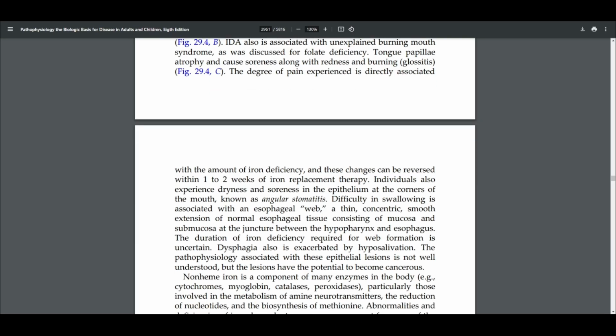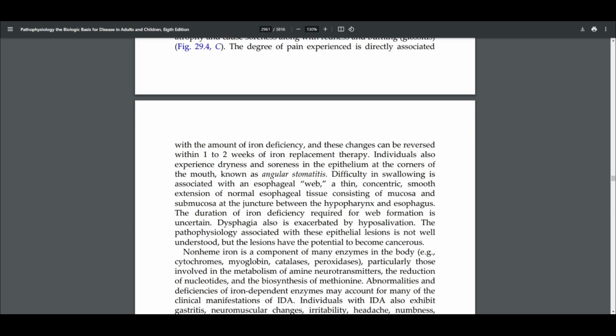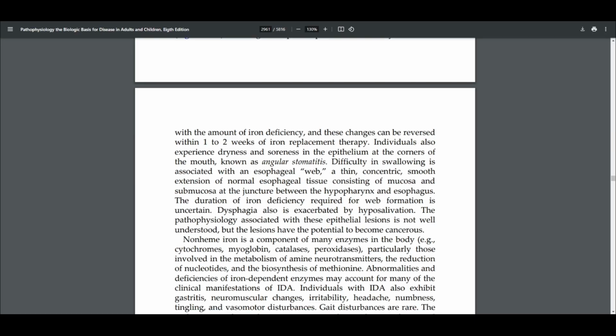Individuals also experience dryness and soreness in the epithelium at the corners of the mouth, known as angular stomatitis. Difficulty in swallowing is associated with the esophageal web, a thin, concentric, smooth extension of the normal esophageal tissue, consisting of mucosa and submucosa at this juncture between the hypopharynx and the esophagus.